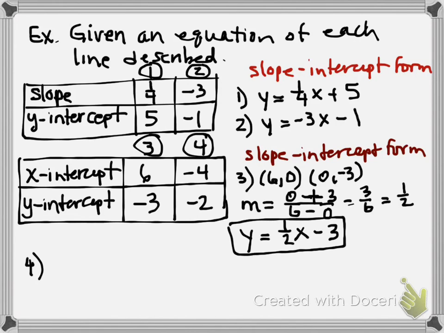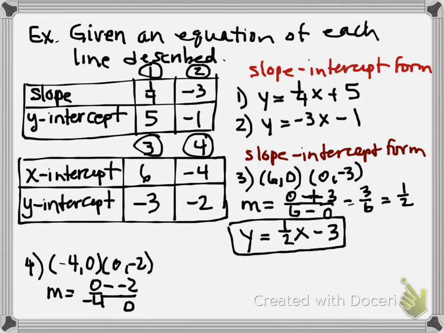Number 4, I rewrite as ordered pairs, and I have negative 4, 0, 0, negative 2. I calculate slope. Actually, let's do it this way. Slope underneath here. And I have y over x, connect and subtract.